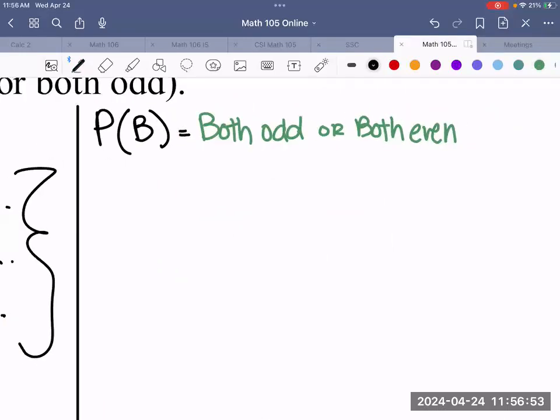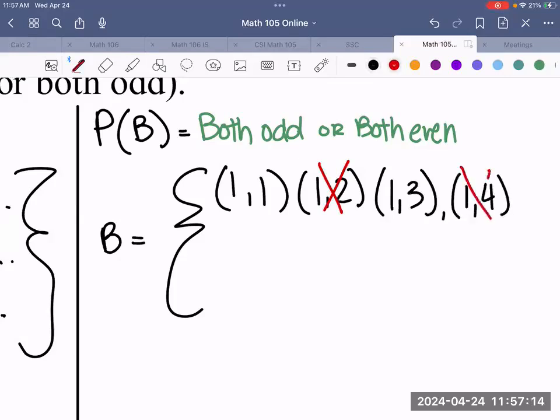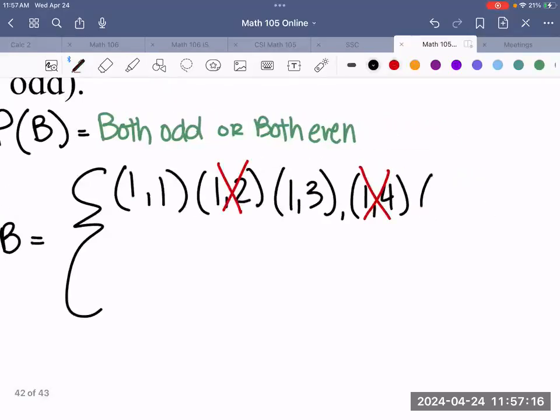Let's start with 1 and 1. Those are both odd. 1 and 2, does that work? No. 1 and 3, that works. 1 and 4, no. 1 and 5, okay. 1 and 6, no. I'll just write it down to show you.